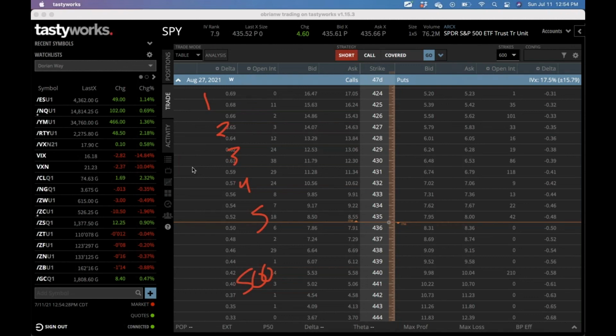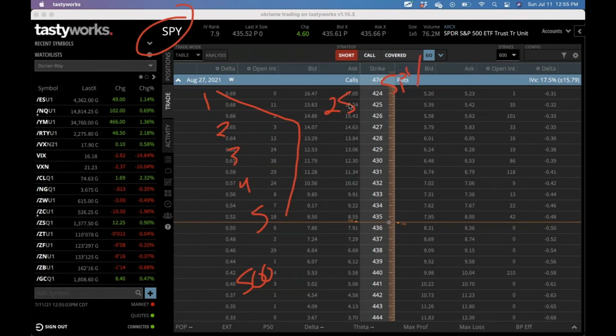Most of the time, professionals beta weight their portfolio to the S&P 500. So we're looking at the SPY here. Say you beta weighted your portfolio to the SPY, and you had 5 different stocks. You would make it equivalent to how many shares you would have in SPY based on these 5 different companies. When you beta weight it, it might say you have 25 positive deltas in the SPY.